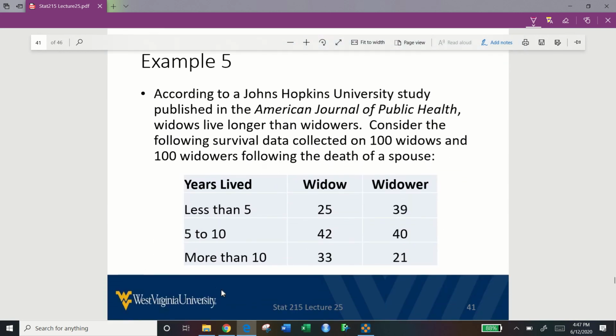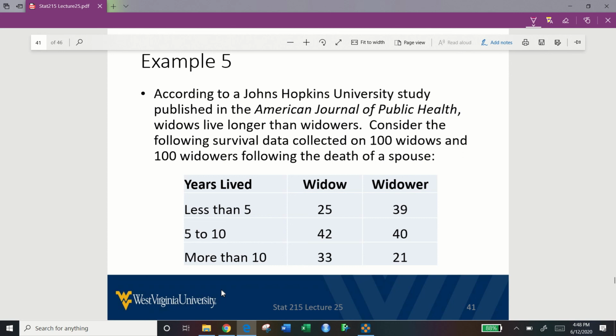Let's begin by taking a look at an example. According to a Johns Hopkins University study published in the American Journal of Public Health, widows live longer than widowers. Consider the following survival rate data collected on 100 widows and 100 widowers following the death of a spouse.